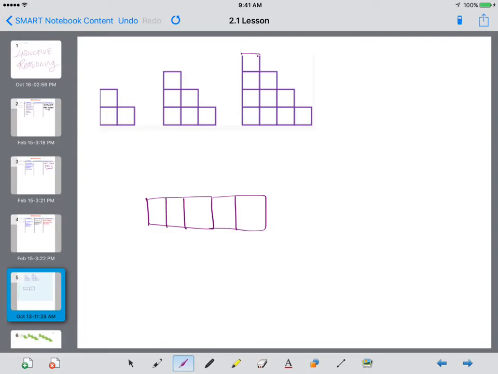I know I did a bad job, I'm not very good at making perfect squares, but there's 5 on the bottom. Then I can see it goes to 4, then 3, then 2, then 1. Something like that would be my prediction of the next shape.